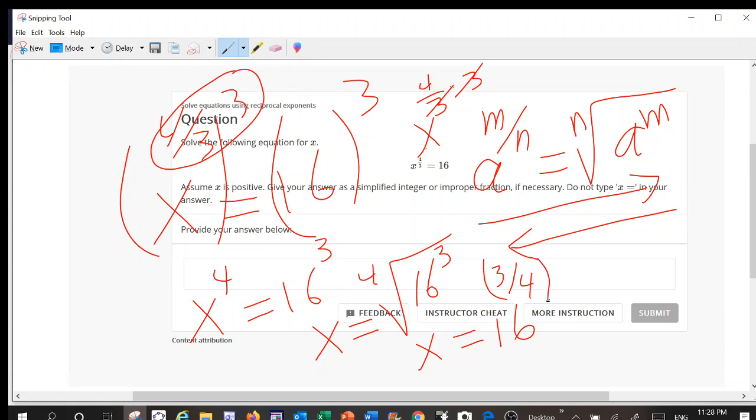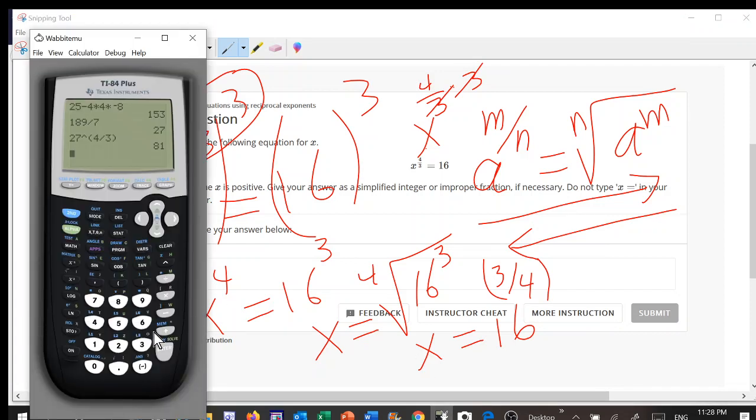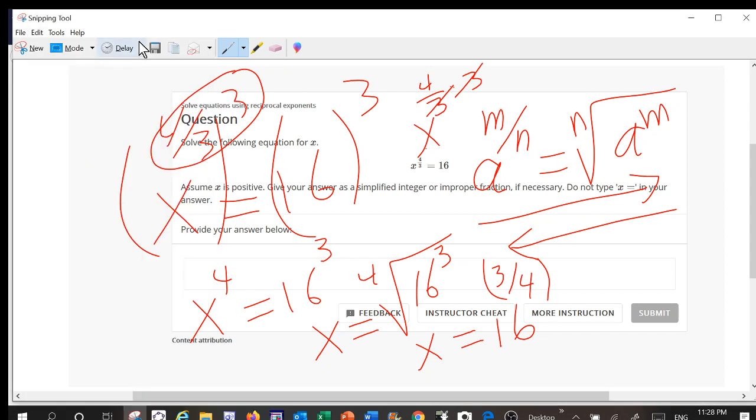Sometimes these numbers are nice and sometimes they're irrational. Do you think this number is nice? Well, we'll see. 16 to the power of, don't forget parentheses, 3 over 4. And it looks like it is. It's 8. So this is just 8.